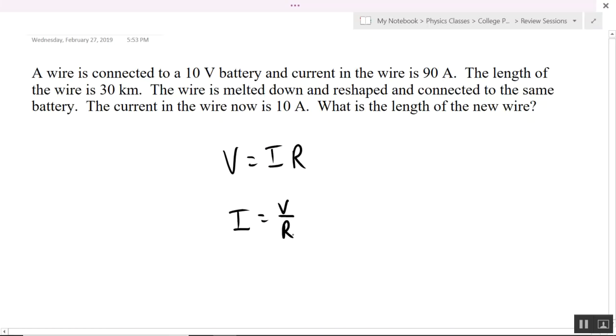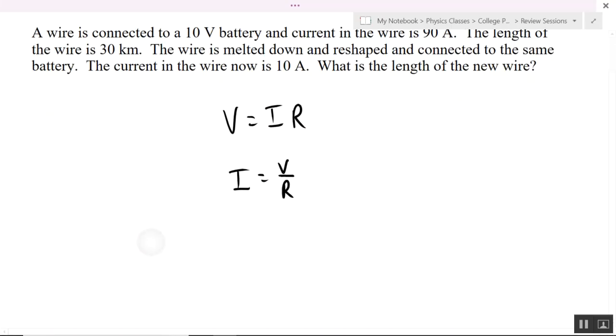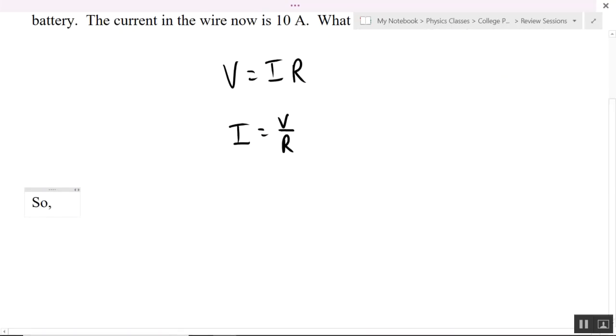So if the current goes from 90 amps to 10 amps, in other words, it goes down by a factor of 9, what has to happen to the resistance of the wire? It goes up by 9, right? So the resistance of the second reshaped wire is 9 times the resistance of the first wire before it was reshaped. So let's write that down so we can keep track of things. Okay, so the new R has to be 9 times the old R.